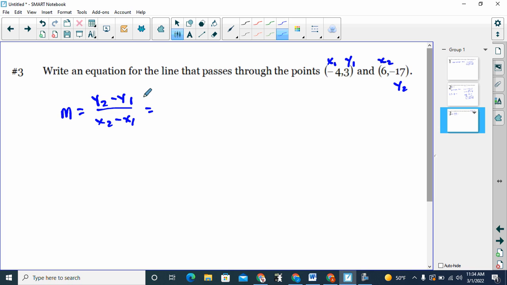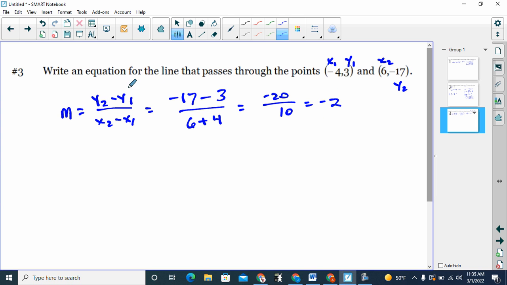Y2 is -17 minus y1, which is 3, over x2, which was 6, minus x1, which is -4. So I've got minus -4. I'm going to change that to +4. -17 minus 3 is -20. 6 plus 4 is 10. So my slope is -2.